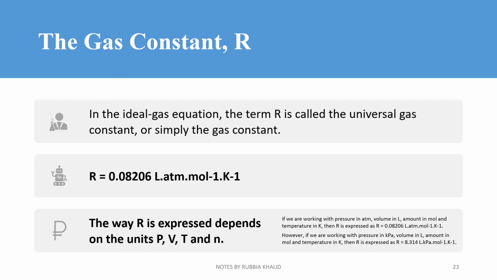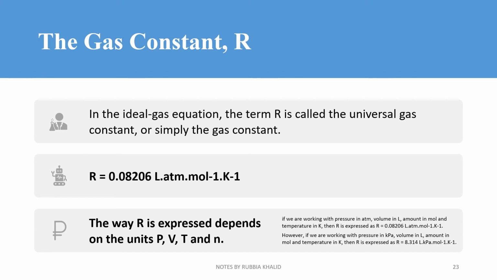Gas constant R. In ideal gas equation, the term R is called universal gas constant or simply the gas constant. R is equal to 0.08206 liters atm per mole Kelvin. The way R is expressed depends on the unit of pressure, volume, temperature, and number of moles.